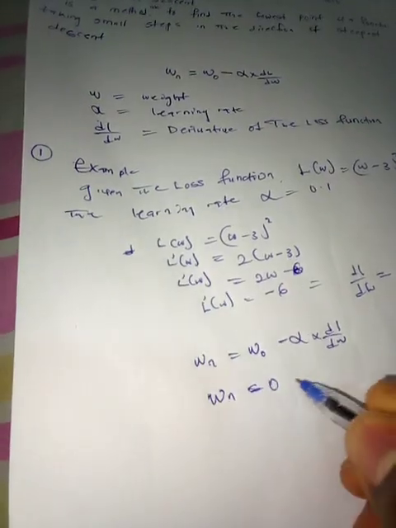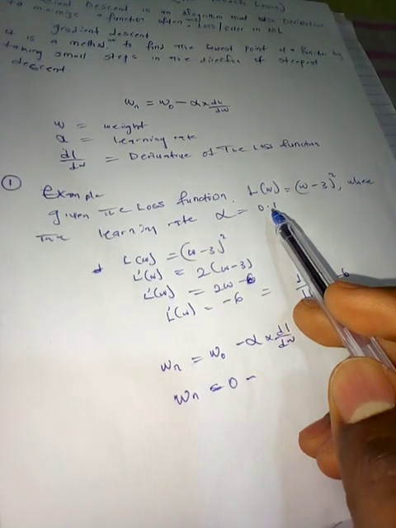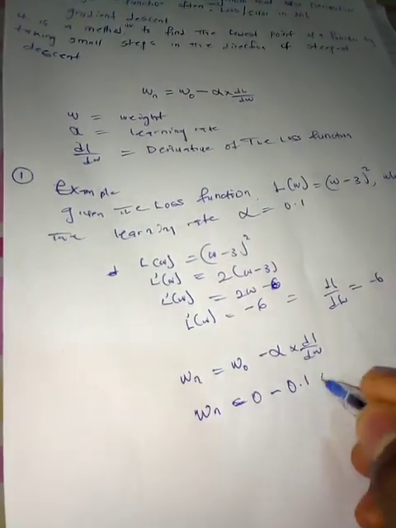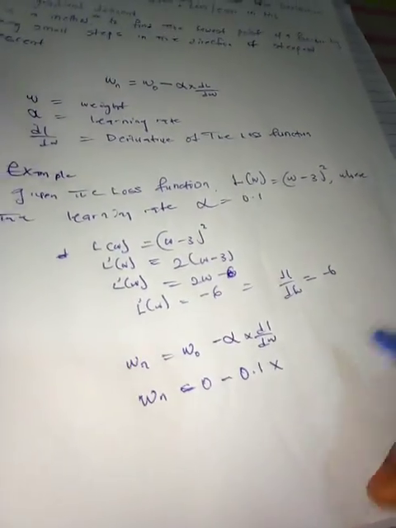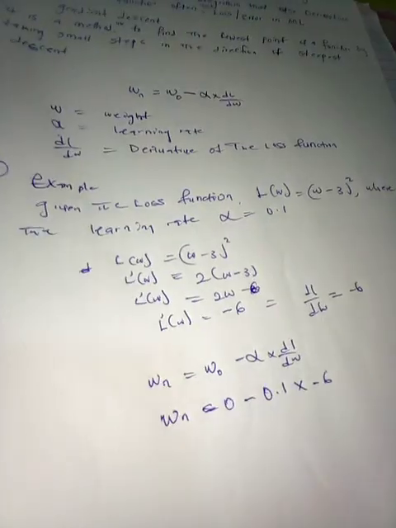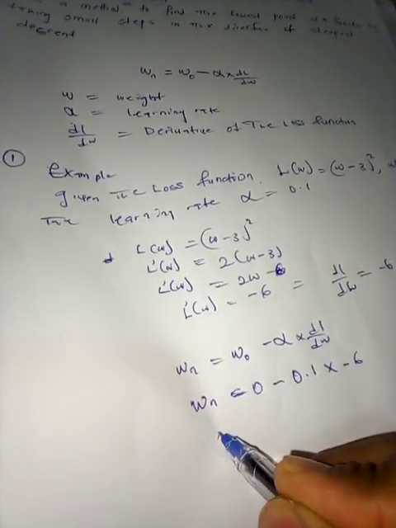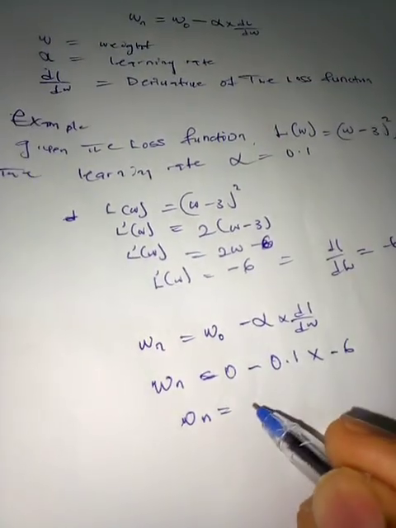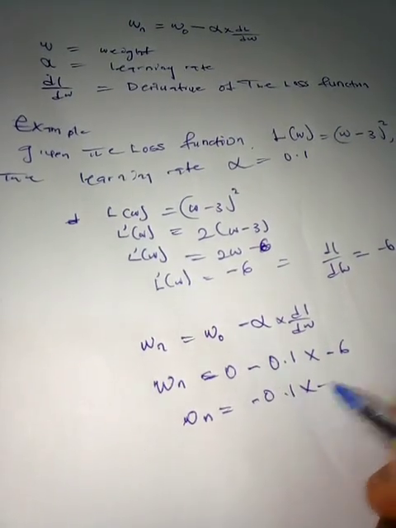So this will be equal to 0 minus the learning rate, which we got here to be 0.1, multiplied by the partial derivative of L over W, which we got here as minus 6. So that means W subscript n is equal to minus 0.1 times minus 6.